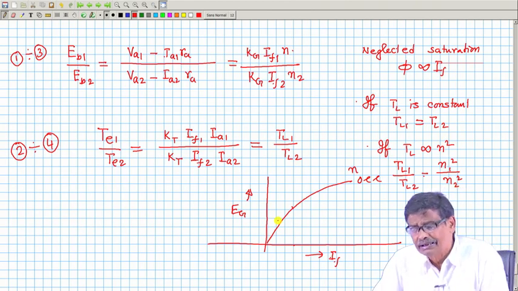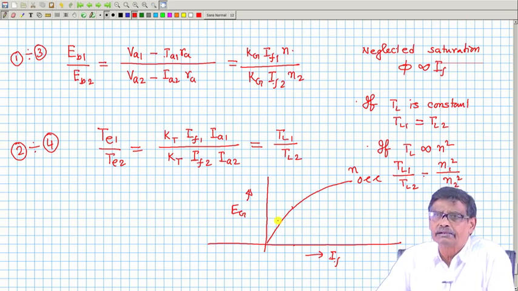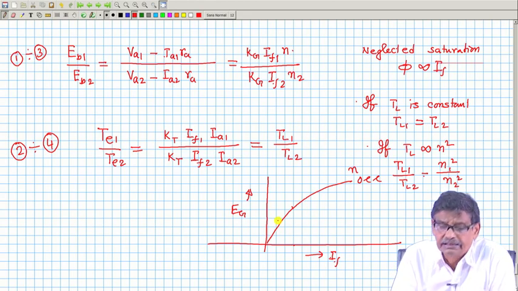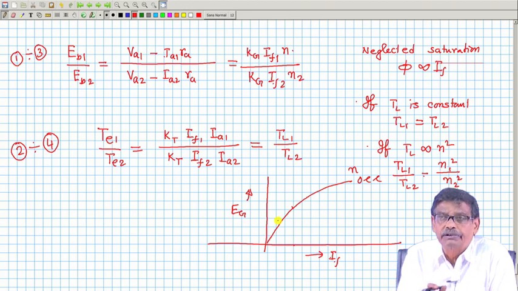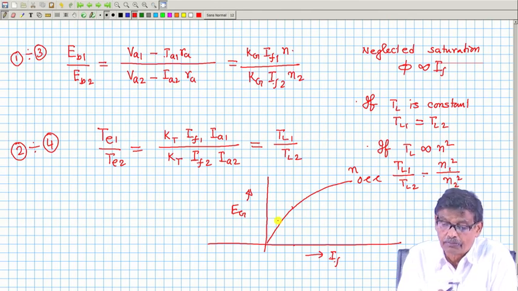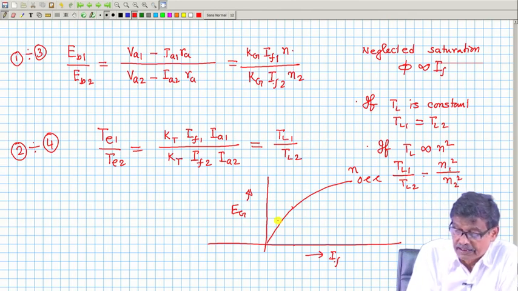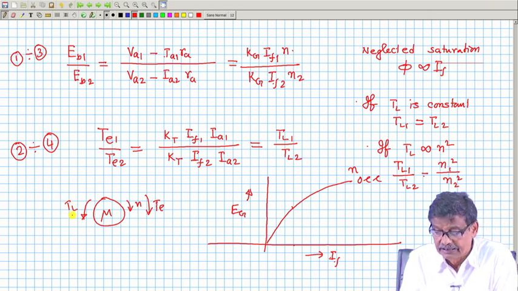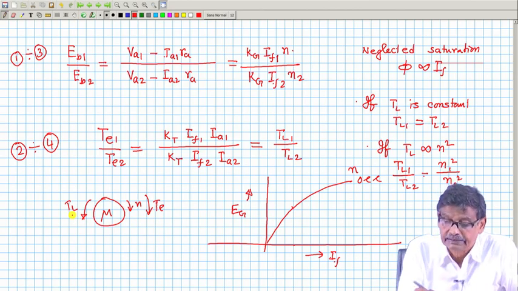But otherwise, in general, you can assume that phi is proportional to IF in the linear zone the machine is operating. Then these are the two equations, back EMF and the torque equation, because in steady state electromagnetic torque and load torque must be the same in case of a motor. If this is the direction of rotation, this is the direction of electromagnetic torque, and this is the direction of the load torque. In steady state T must be equal to TL, so that it runs at a constant RPM n.